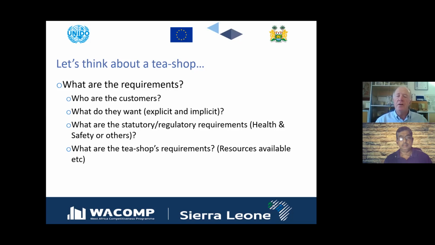They want the cup of tea or coffee served quickly, probably in a polystyrene cup to keep the coffee hot. They're not interested in fine china tea services and waiters with posh uniforms serving them the tea on a silver tray. So all of these things are inputs into the way that we would develop that process for serving tea in a tea shop.